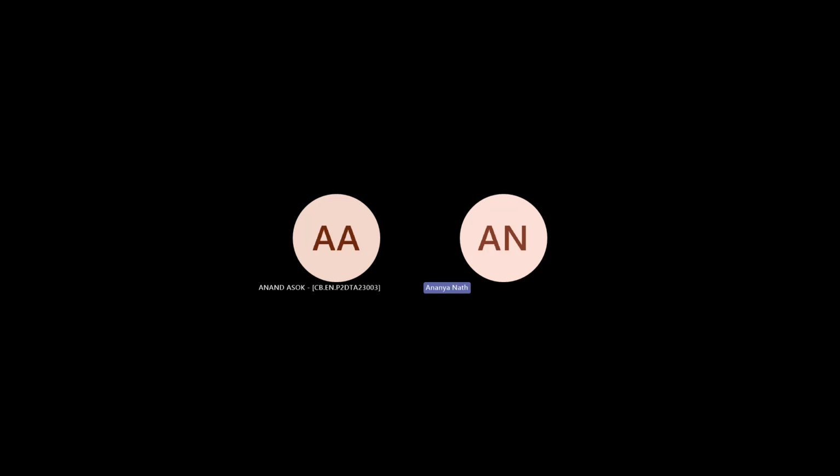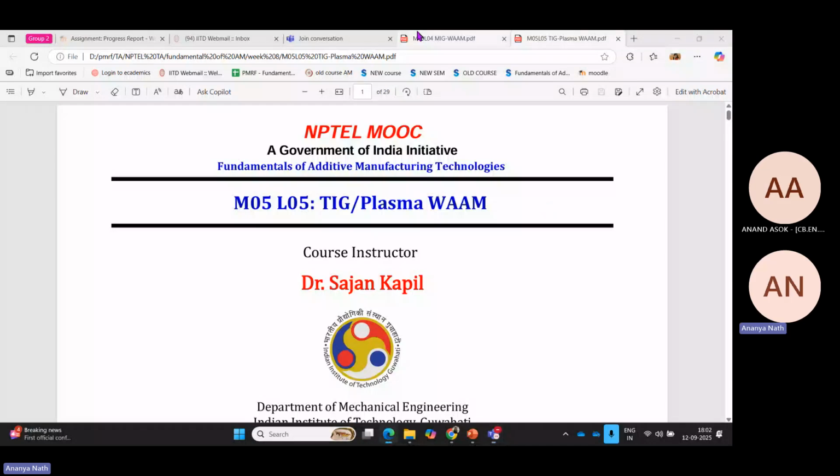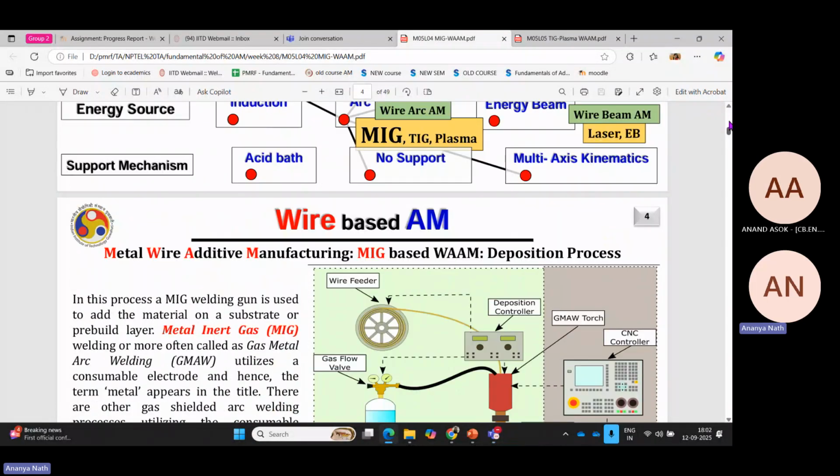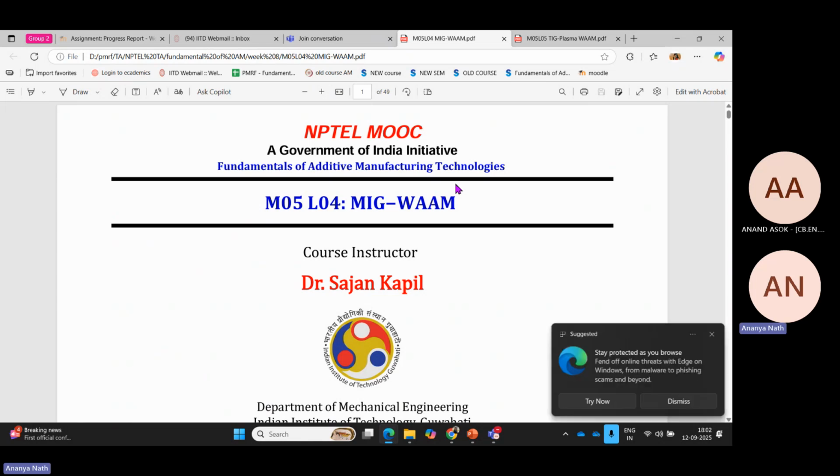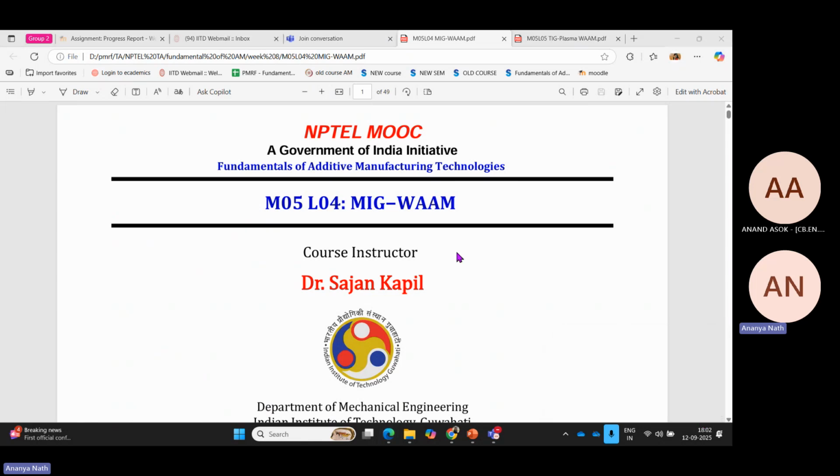If you remember, we already talked about what directed energy deposition is, and WAM is a type of directed energy deposition process where we use an electric arc as a heat source, and metal is the material we are using here, present in wire form. So that's why it's called wire arc additive manufacturing.